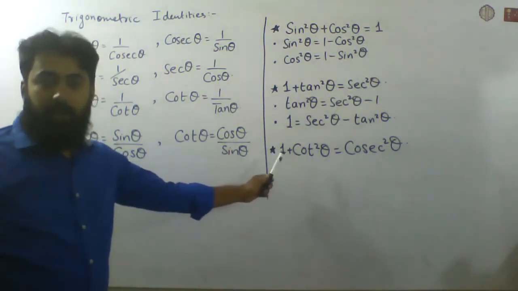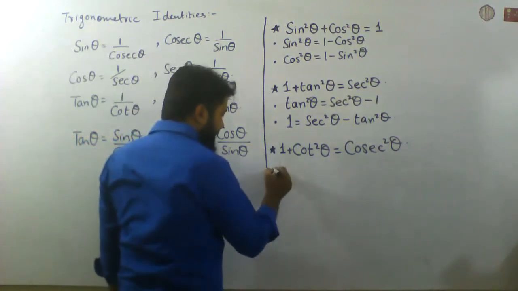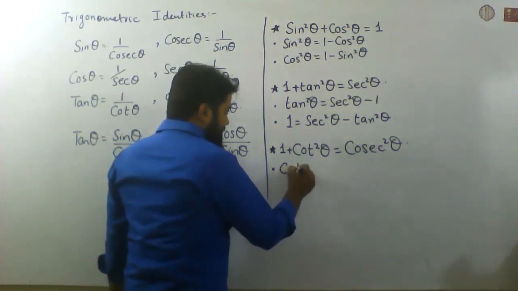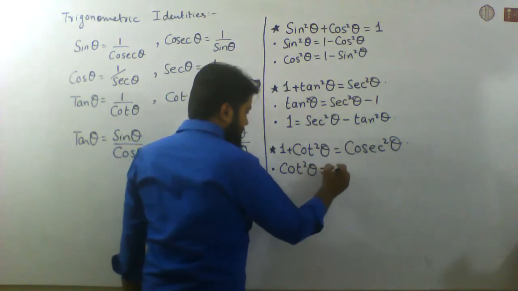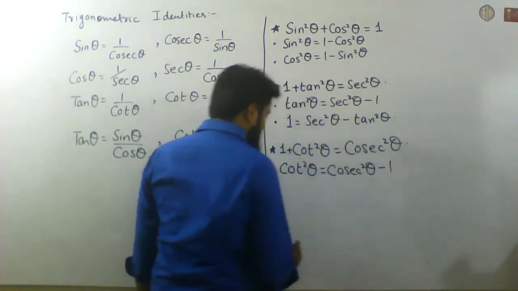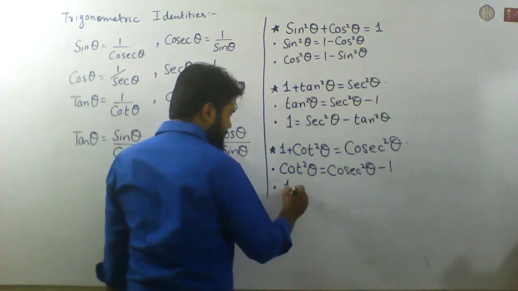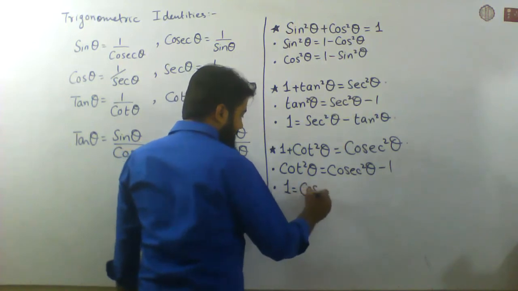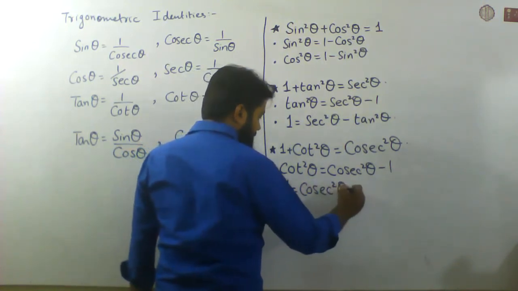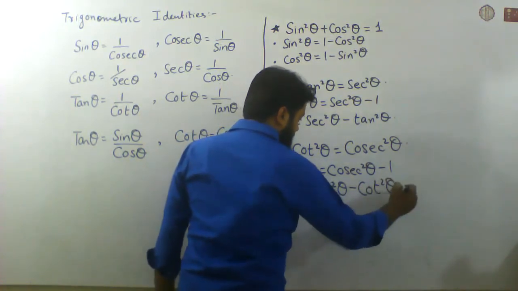That is my third squaring identity, and the variations can be cot square theta equals cosec square theta minus 1, and 1 equals cosec square theta minus cot square theta.